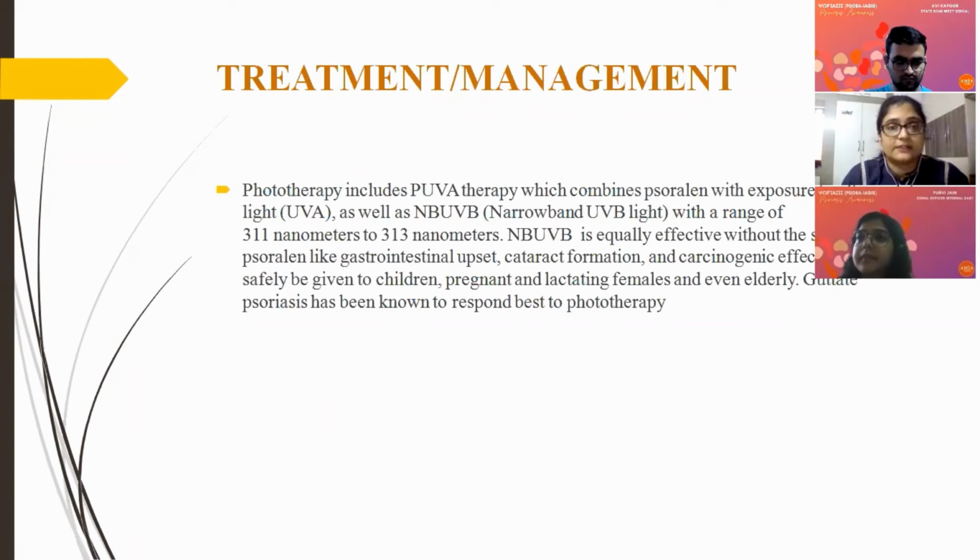Psoralen has side effects like gastrointestinal upset, cataract formation, carcinogenic effect, and narrowband UVB can be given to children, pregnant women and lactating females, and even elderly. Guttate psoriasis is known to respond best to phototherapy, and it is safe in children.